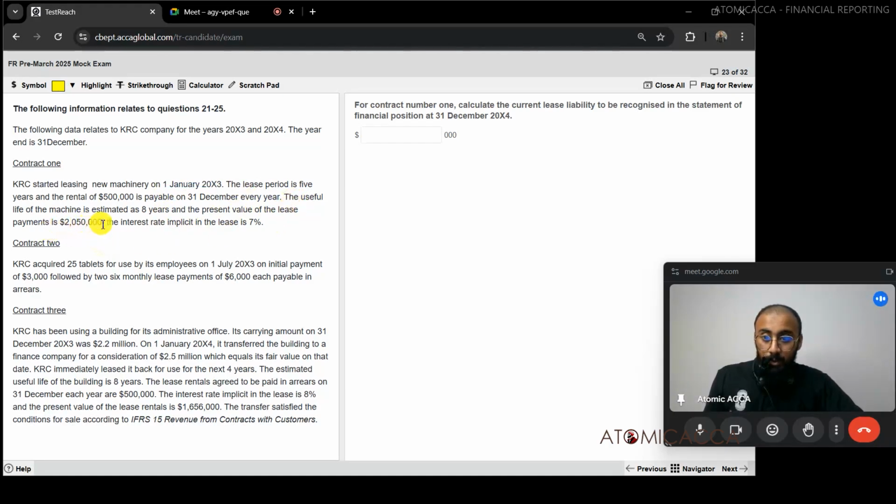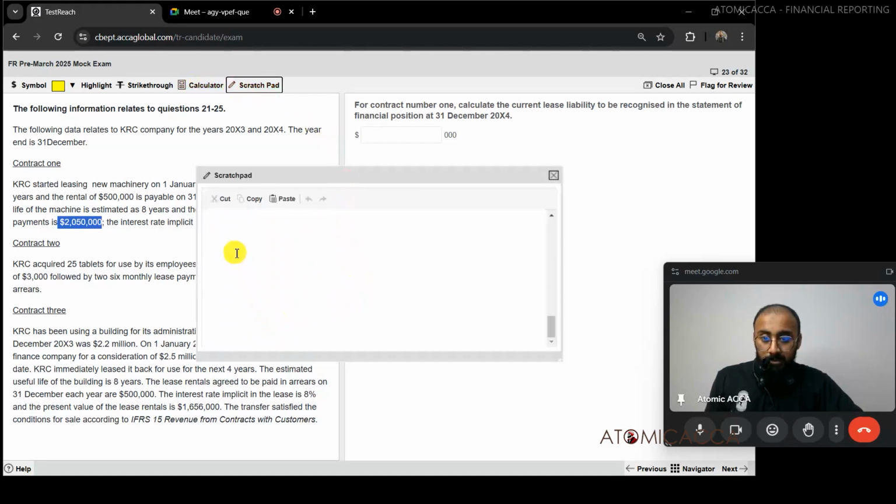Useful life, they told 2050 is the initial liability, so we can take it like this. Scratchpad will be used for this. This is question number 20. Question number 23. Okay. So at T0, the liability is equal to 2050.